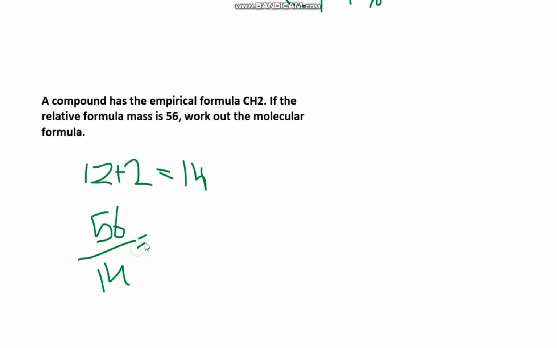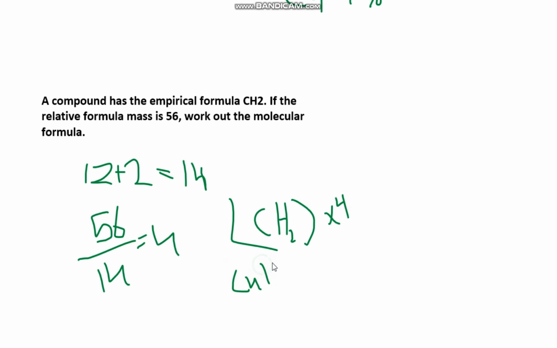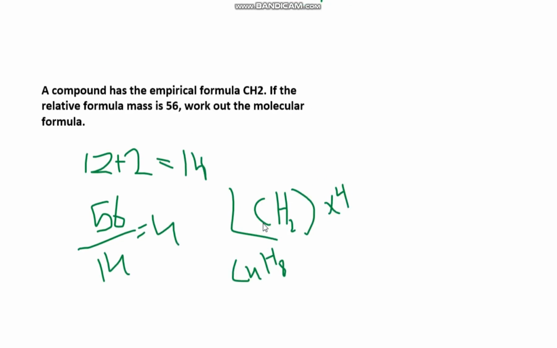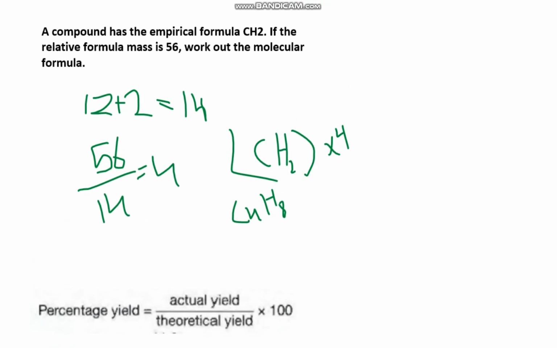So these are 4 lots of CH2. The subscripts should be multiplied by 4, giving C4H8. So this is, sorry, not ethene, it is butene.